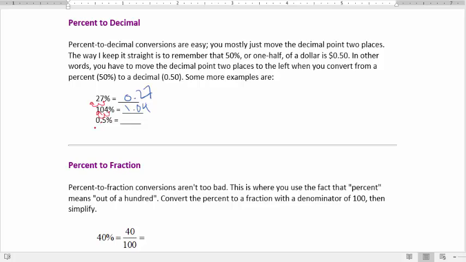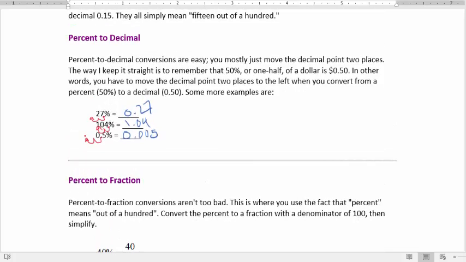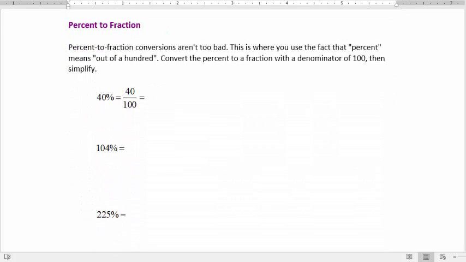Right now the decimal point is here, so I've got to move it two spaces to the left. So it goes there, and I have 0.005. So that would be 0.5%. So to convert from percent to decimal, you just move the decimal point two places to the left.